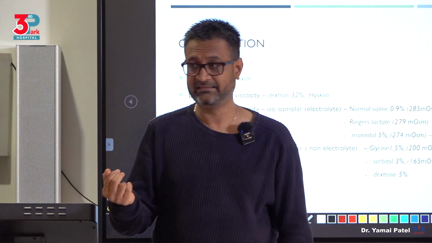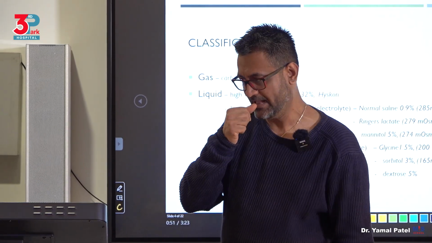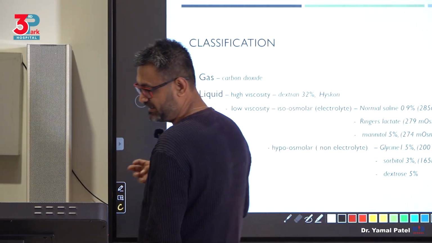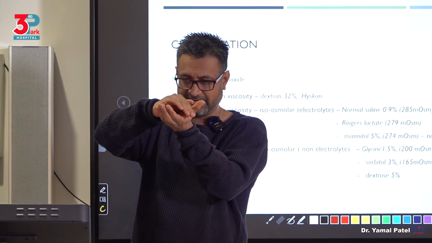In liquid, we can have high viscosity or low viscosity media. High viscosity is also hyperosmolar. So it's thick, gel-like, a little bit thicker. The ones we have are Dextran 32 and Hyskon. But again, we don't use much of it. I've never used it. It's like gel.